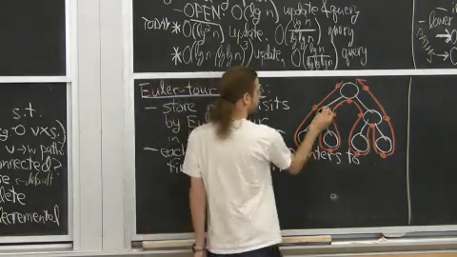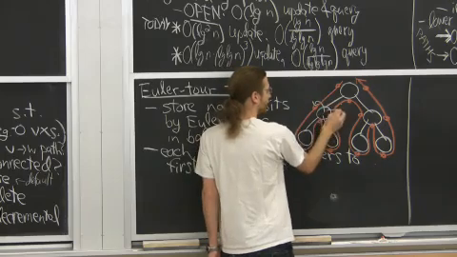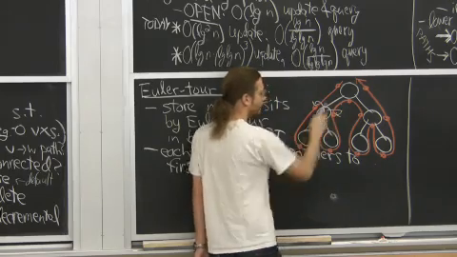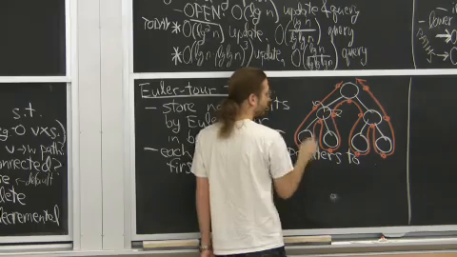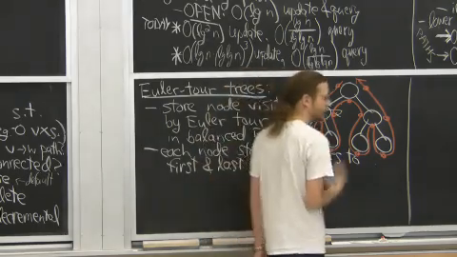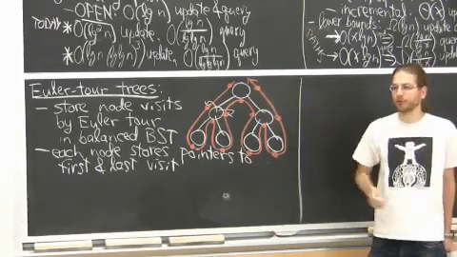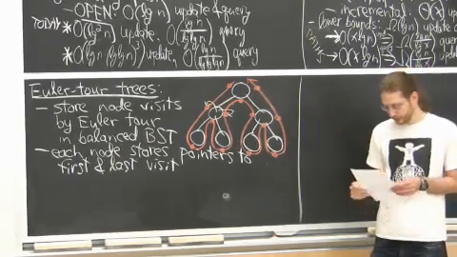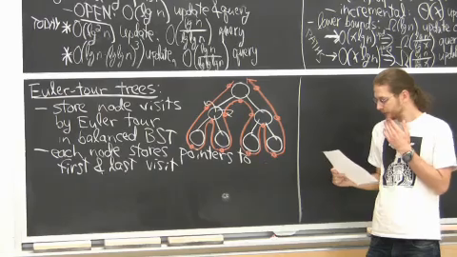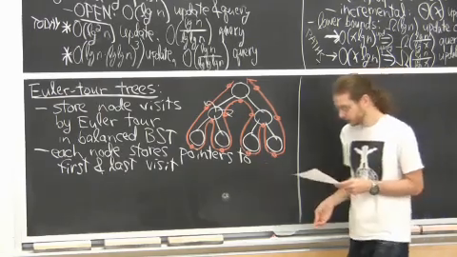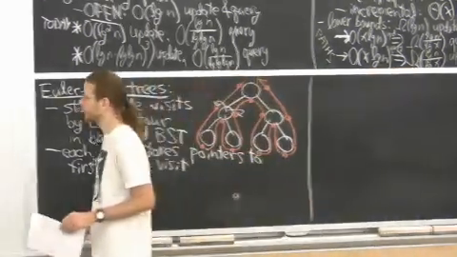So like this node has a pointer to its first visit and its last visit along this structure. It doesn't keep track of any middle visits because there could be a lot of those. We just want to have a constant number of pointers. This is going to be a pointer machine data structure just like link-cut trees.